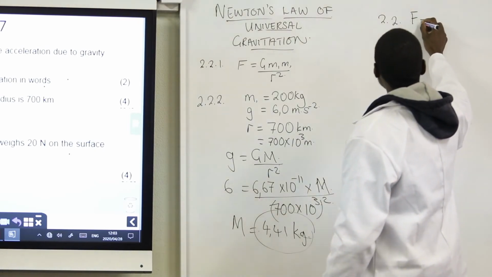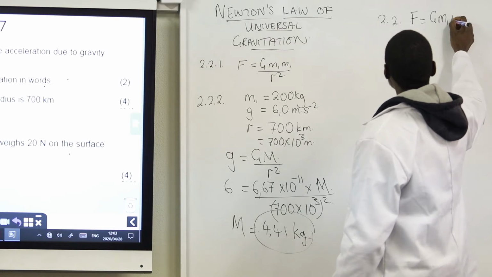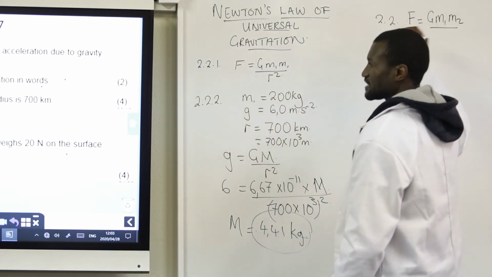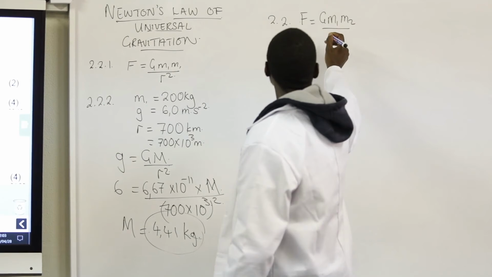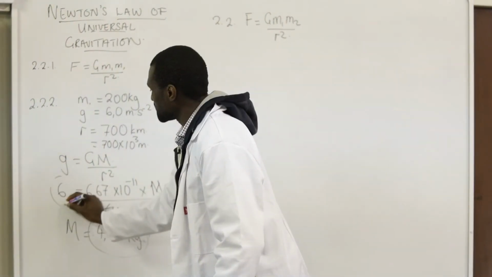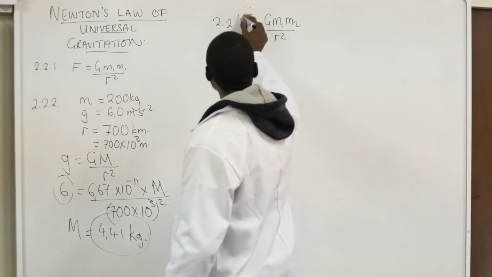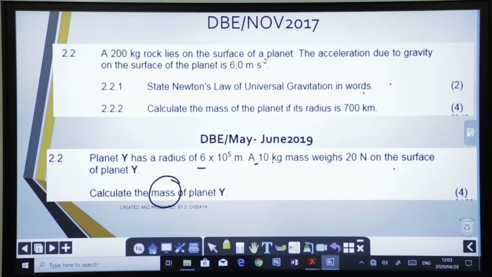We'll use F is equal to G, M1, M2 over R squared. See the difference here? We're not using the value of g. Right there we're using the value of F, which is the weight, 20. And 20 is in newtons, that's fine.